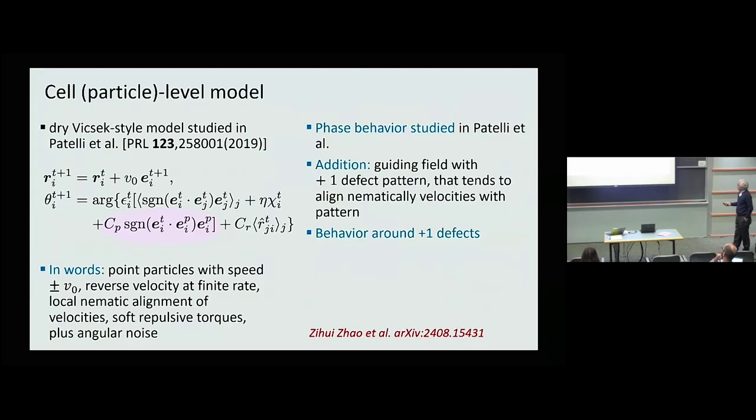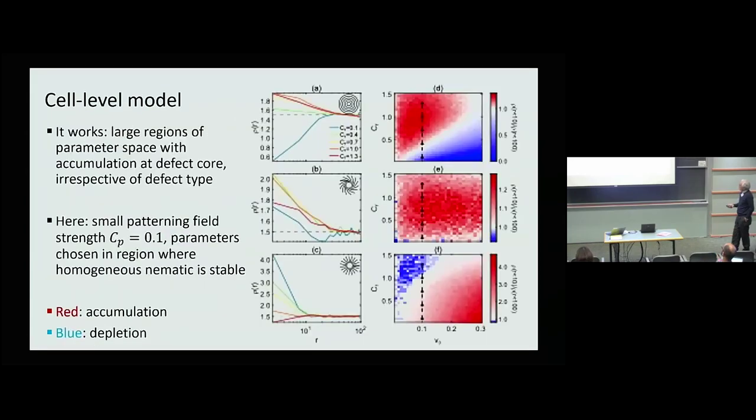Then we did the simulation around the plus-one defect. I don't show the movie here, but we studied many different plus-one defects. This is a phase diagram as a function of the instantaneous velocity of the particle, V0, versus the repulsion parameter. The red region is attractive, where the density is high at the core, and the blue region is depletion.